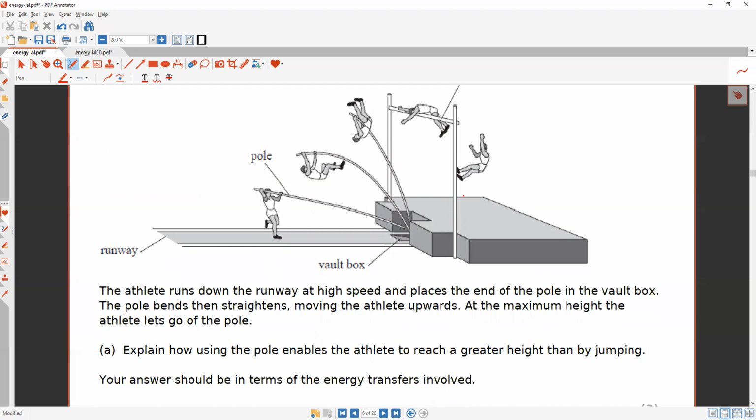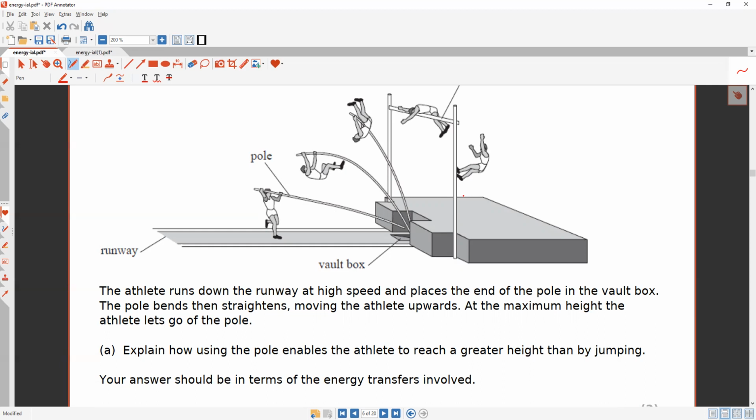The pole bends and then straightens, moving the athlete upward. At maximum height, the athlete lets go of the pole. You must have seen many videos like this from the Olympics and sports. Explain how using the pole enables the athlete to reach a greater height.